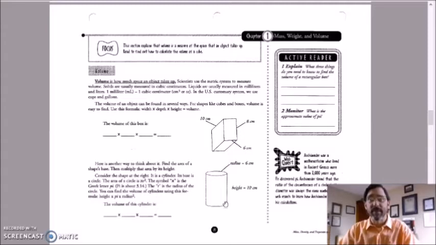That symbol is the Greek letter for pi. Pi is equal to 3.14 approximately. The r is the radius of the circle. That goes from the center of the circle to the outside edge. You can find the volume of cylinders by using this formula. The height multiplied by pi multiplied by the radius squared.